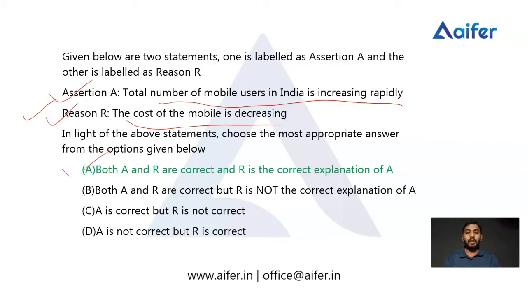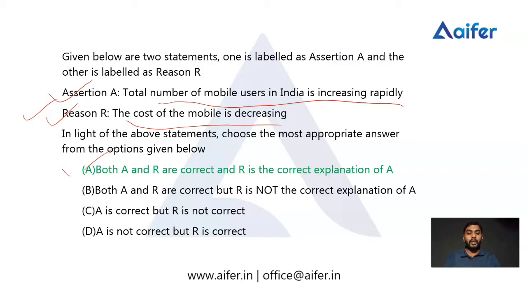So people from India couldn't buy mobile phones during that time. But now the situation has changed. The cost of the mobile phone has been decreasing. The price of the mobile phone has been decreasing.